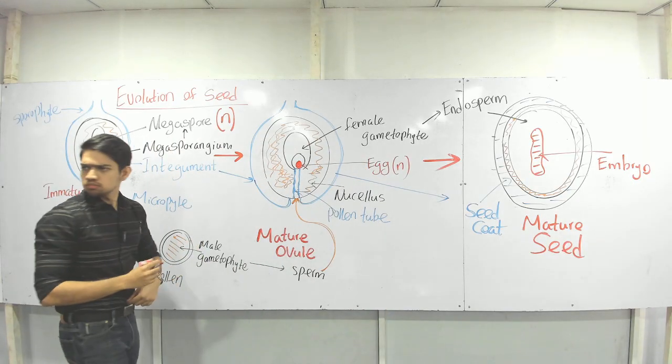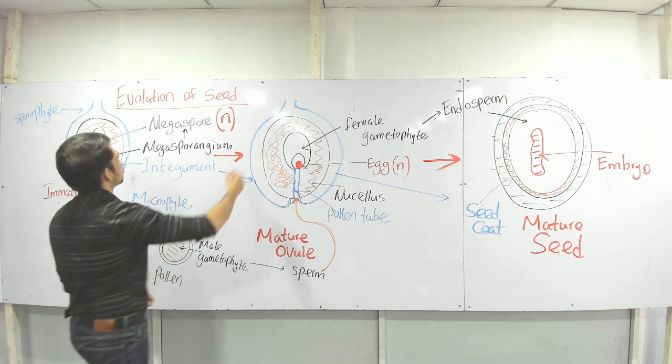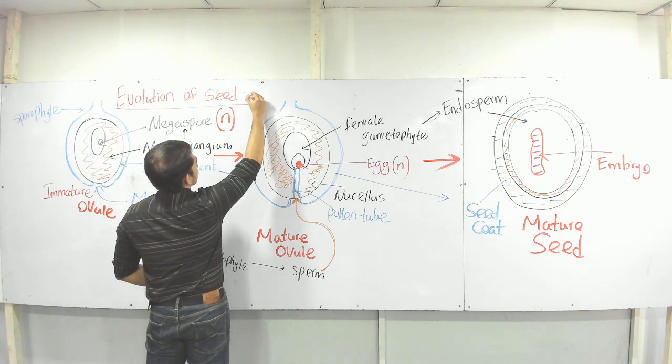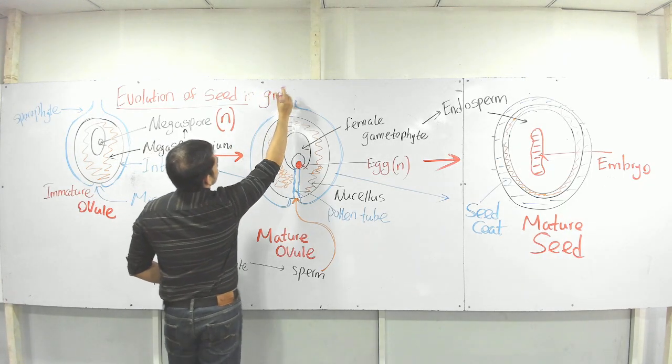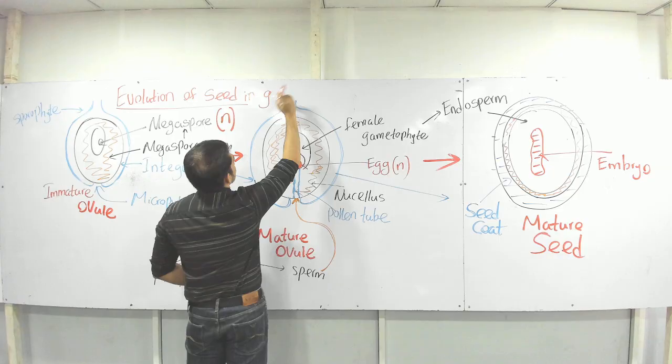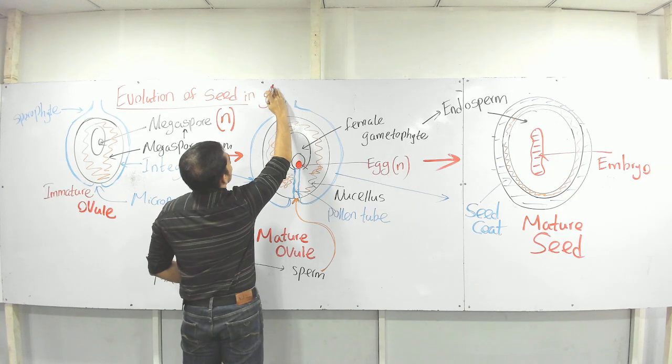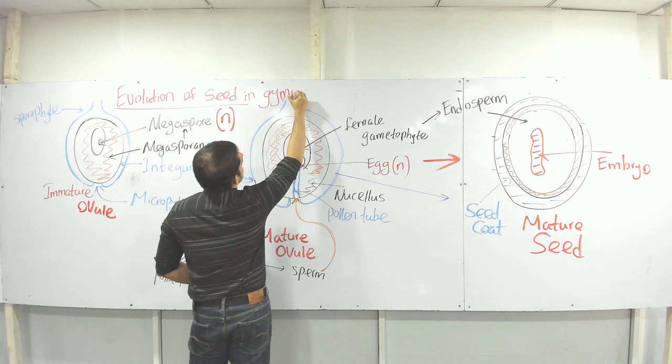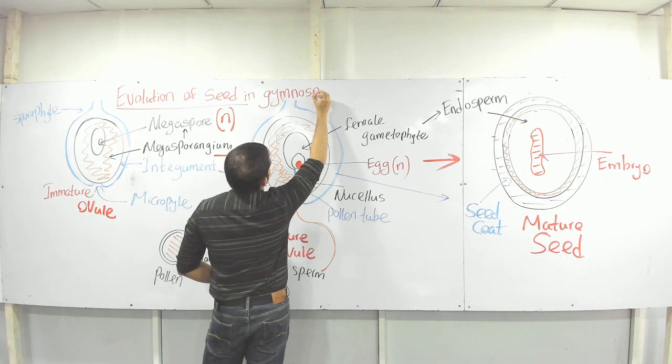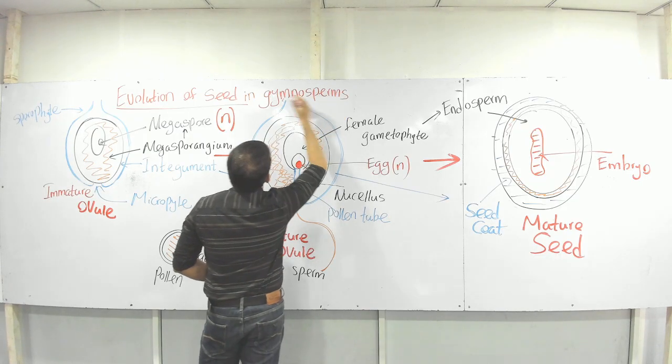This is evolution of seed in gymnosperms, right? It's easier if we draw a separate one for flowering plants. All right, this is gymnosperms.